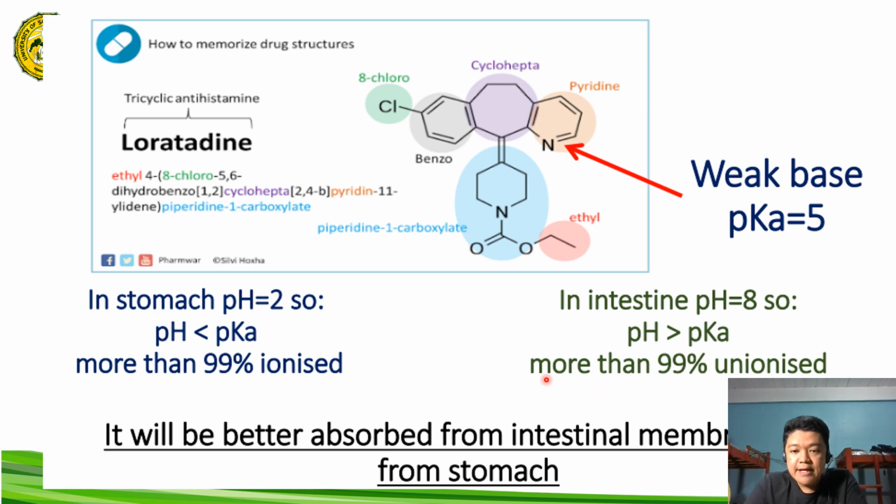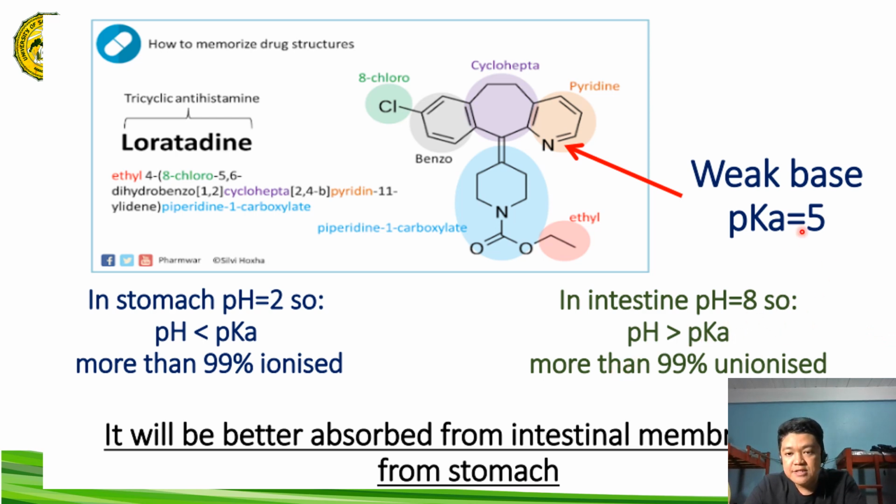That would mean that for a basic drug, when we subject it to a basic environment, that basic drug would be unionized. As we have discussed earlier, for a basic drug, when we increase the pH of our environment, we increase the proportion of the unionized form. So the loratadine will be more than 99% unionized in our intestine.